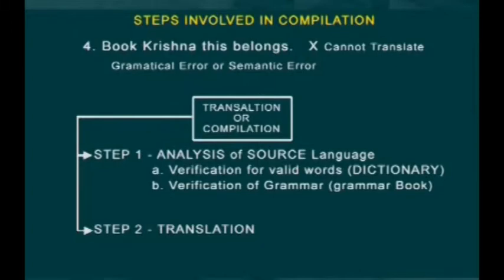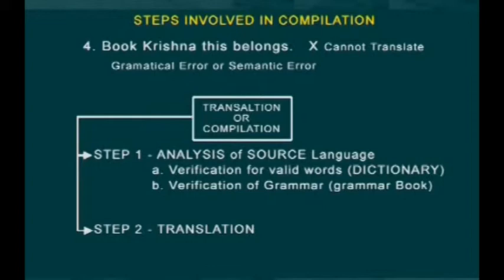Once he has got an idea, then only he can do the analysis on the source language, whether the source language is in the correct form or not. Once the source language is in the correct form, then only he can go for what? Translation. If the source language is not in the correct form, then he cannot go for translation.